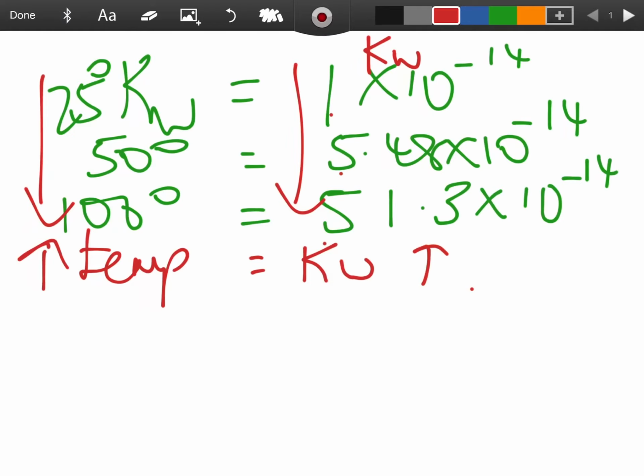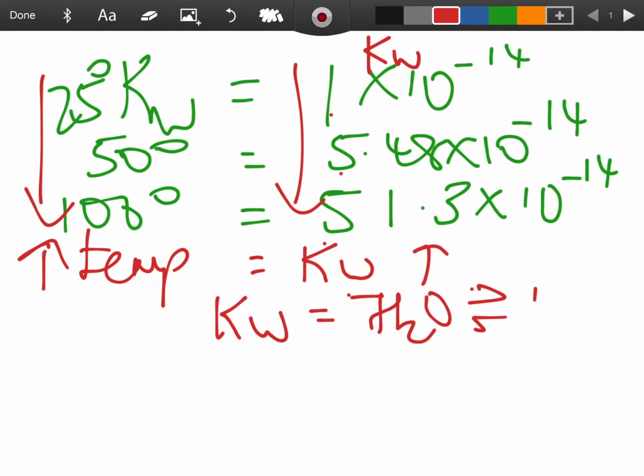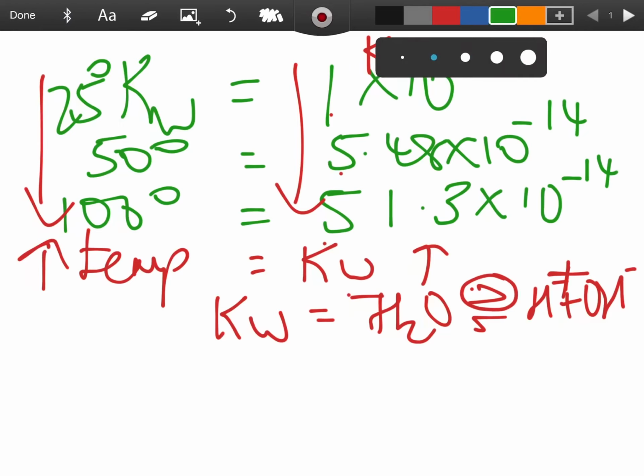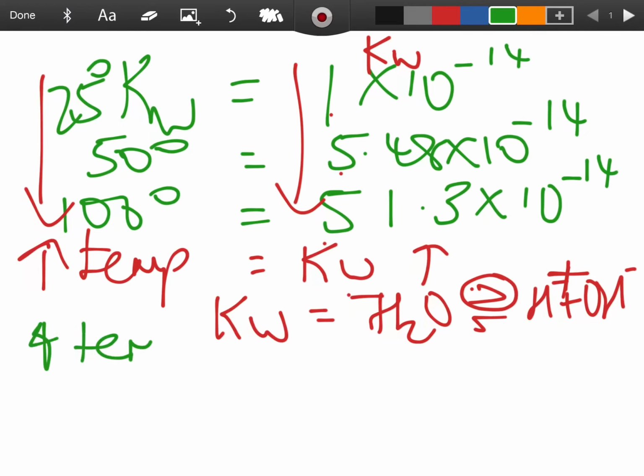So we need to now know, Kw, remember, is for when water ionizes. So it's H pluses and OH minuses here, okay? So we need to figure out now about the forward reaction. Is the forward reaction endothermic or exothermic? So what's the stress? The stress is an increase in temperature.